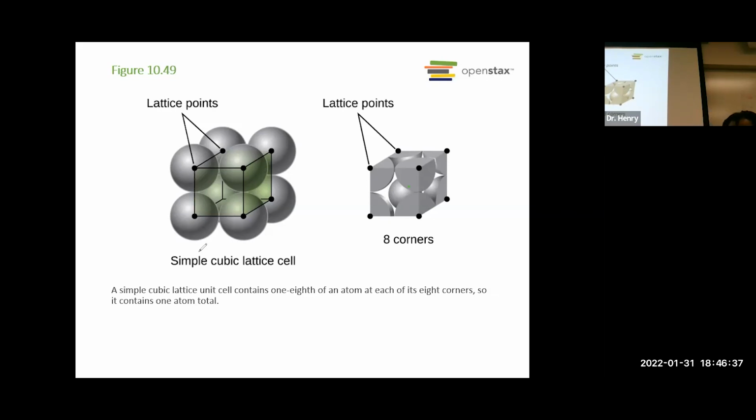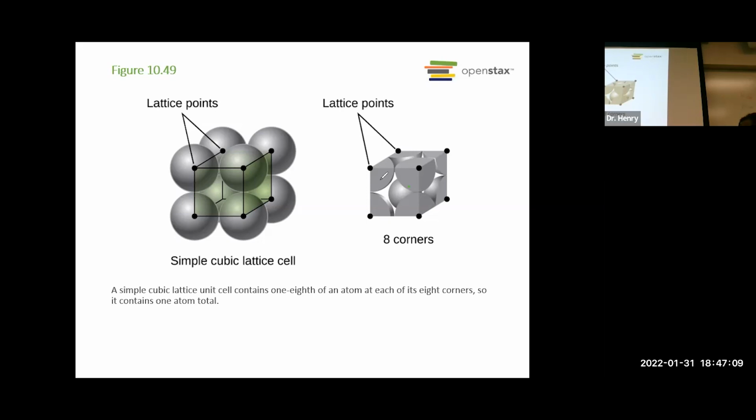Okay, so if we take a look at this, and we cut the atom into just that unit cell, how much of each atom is going to be in that cube?